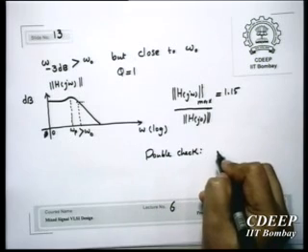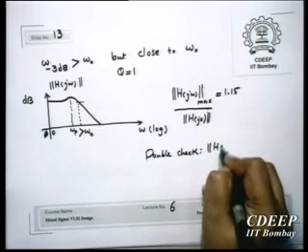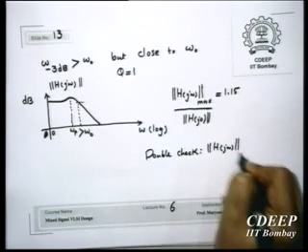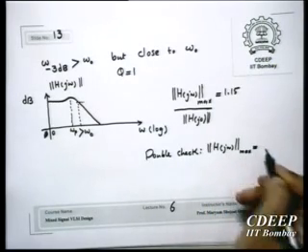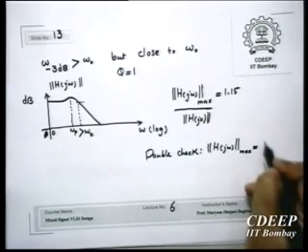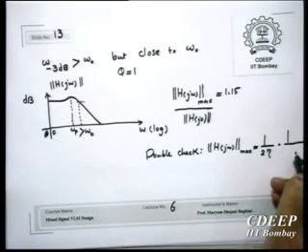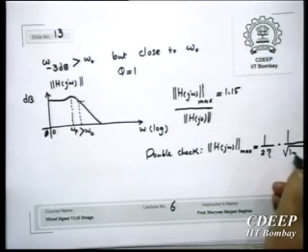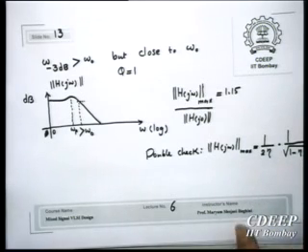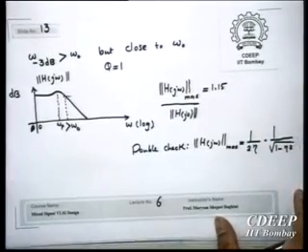I think the peak value will be 1 upon 2 zeta into the relative value, with respect to the 0 frequency value.